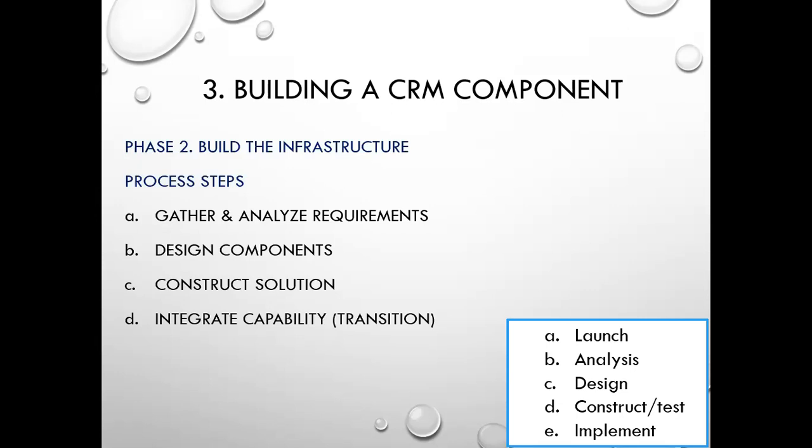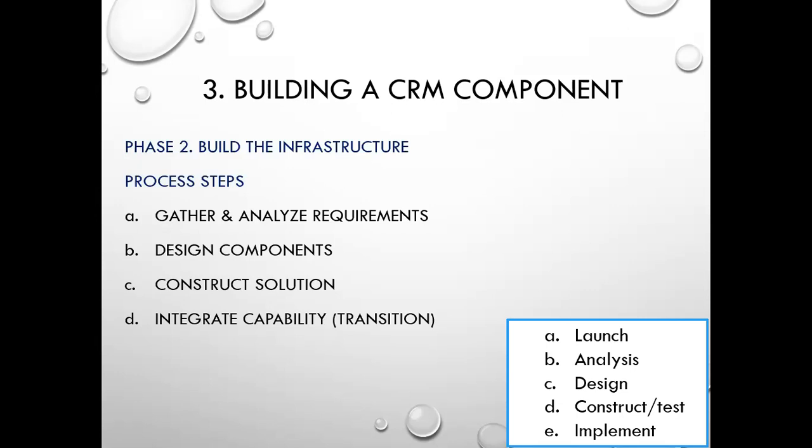These are the four components of our definition, and they are also the components of the infrastructure. So in a process step, we have four things. In building CRM components, we are discussing building the infrastructure. In building infrastructure, we discuss the standard procedure, standard steps: launch, analyze, design, construct, and implement.